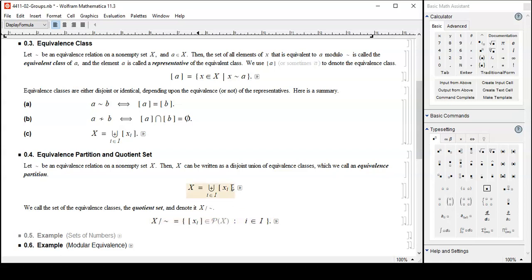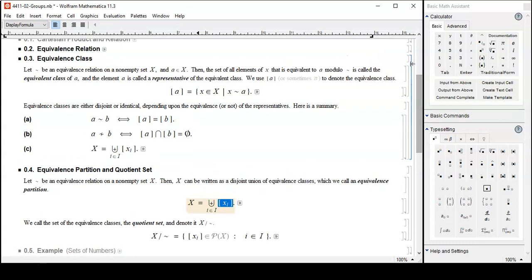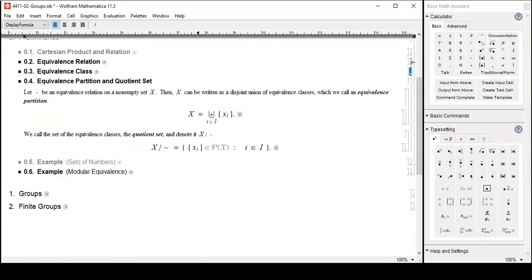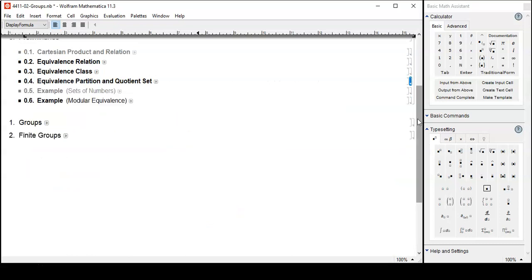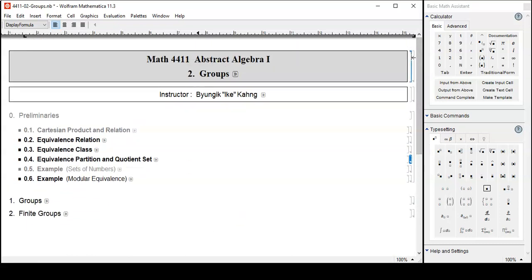Not always, but sometimes they do. In other words, each of these can be humongous, but the number of equivalence classes can be small. Please remember that because we're going to use that in this example, modular equivalence. Okay, so much for equivalence class, equivalence partition and quotient set.